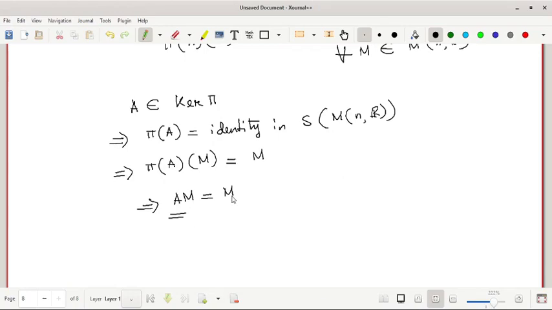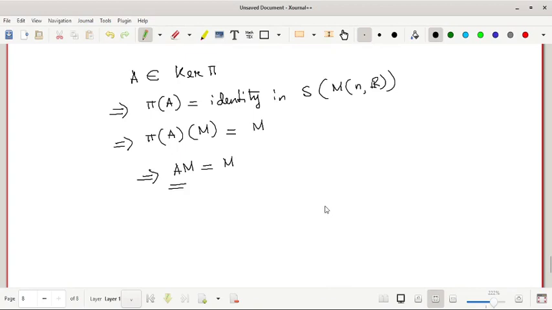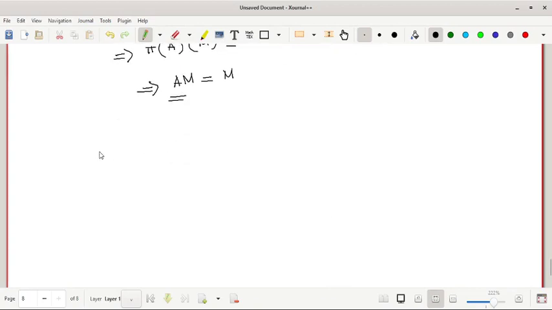There are many matrices M for which AM equals M. So this action is also not faithful. For example, let us find an example in GL2R.